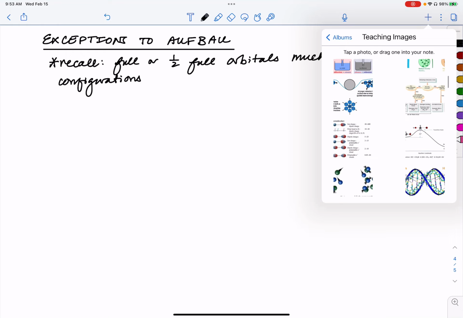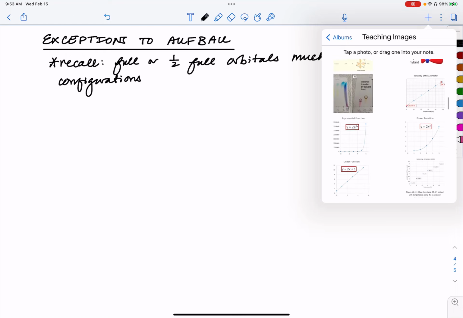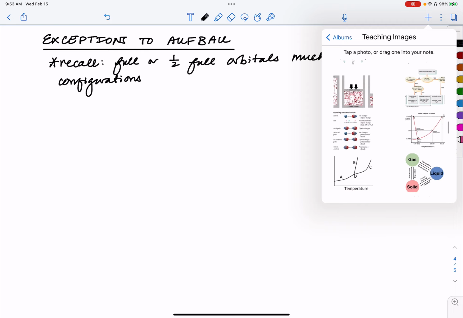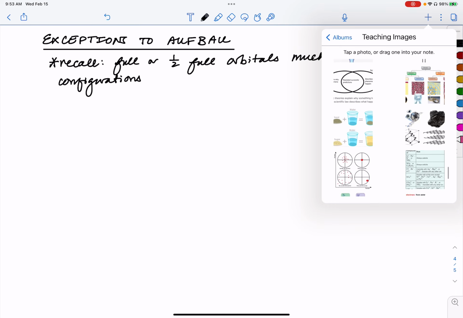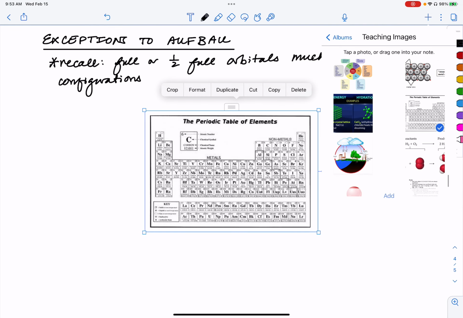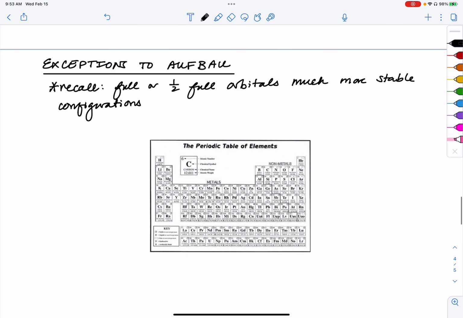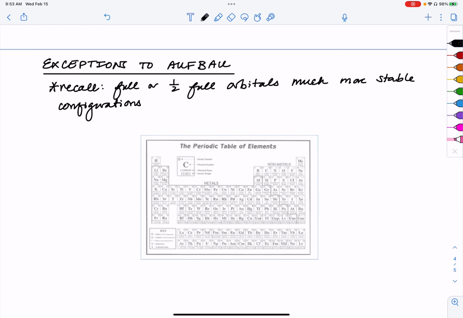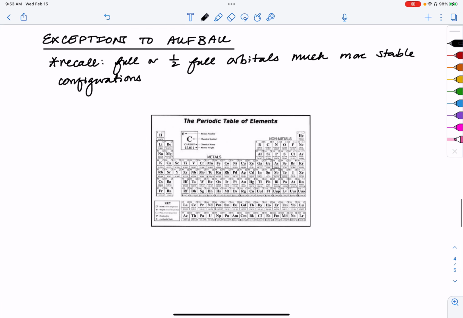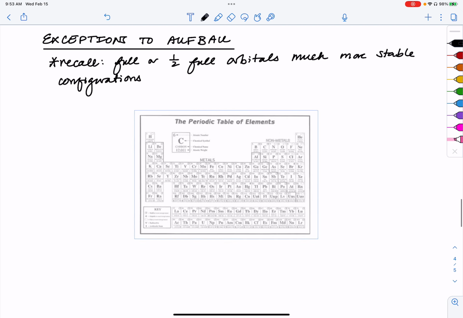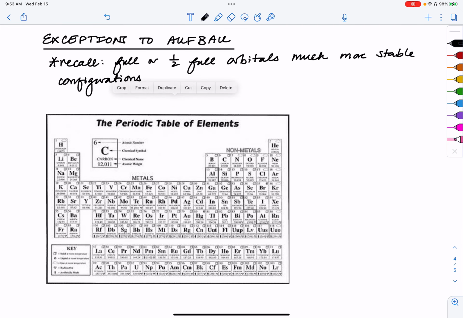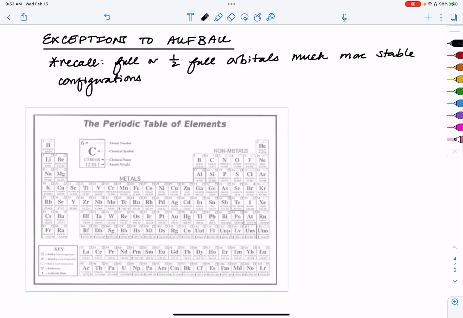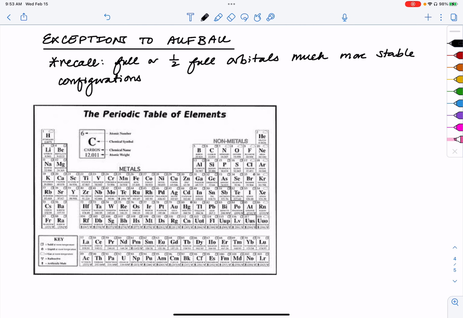Okay, welcome to part 5 of our lecture from Wednesday, February 15th, where we're going to talk about exceptions to Aufbau using what we know about orbital stability based on their degree of filling. As a reminder, any orbitals that are full or half full are going to be much more stable electron configurations compared to those that are not.